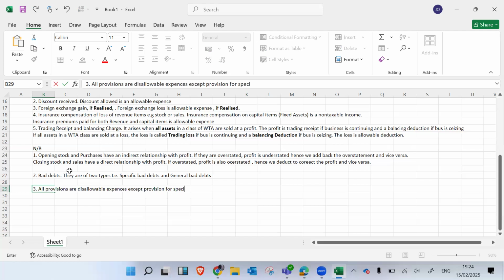That's the only provision that is allowable. You hear provision for salaries and wages, provision for taxation, provision for management fee. All those are disallowable. The only provision that is allowable is a provision for specific bad debts, not even general. I really insist on this specific, because we have two types of bad debts. If it's a provision for general bad debts, it also becomes disallowable.